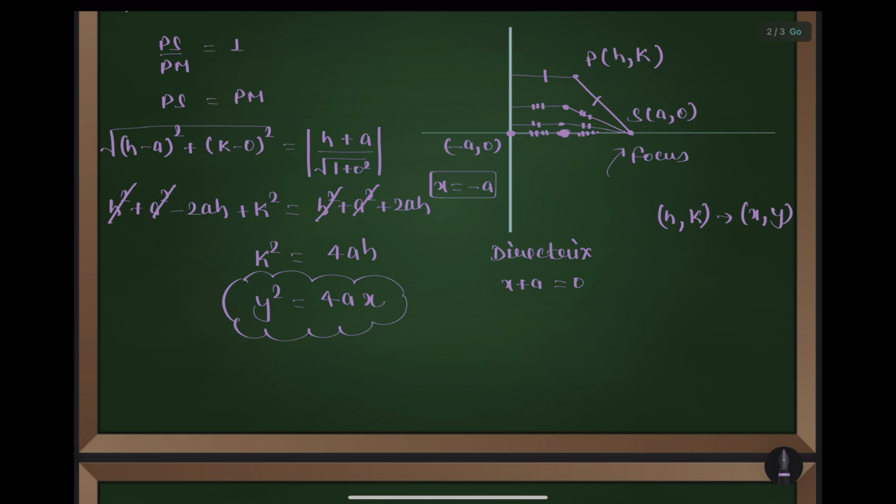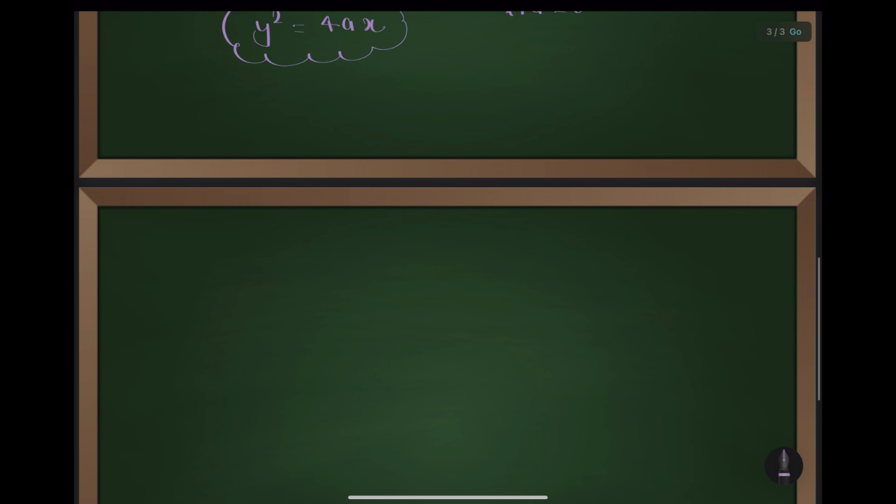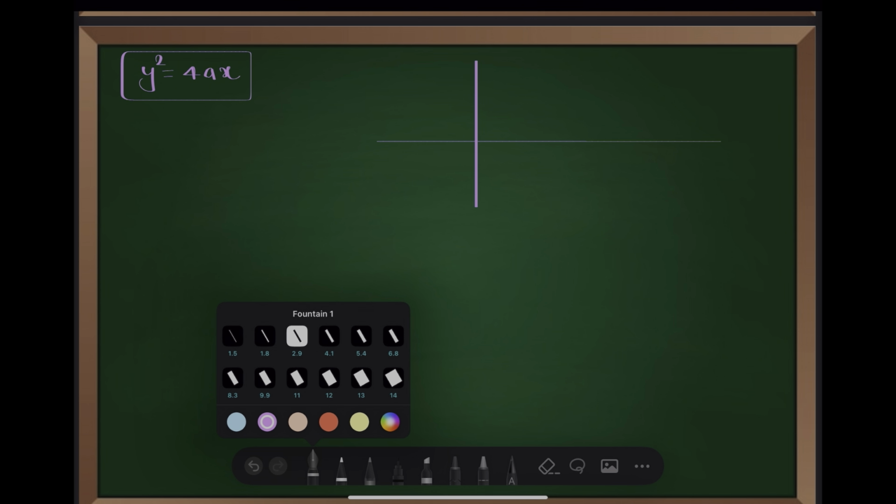Now I'll talk about some details. Suppose that we got this parabola y square equals 4ax.